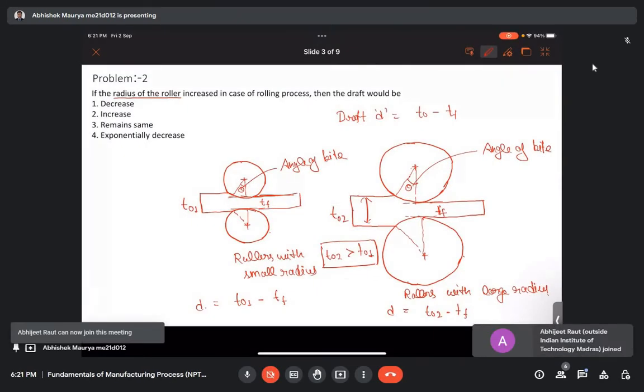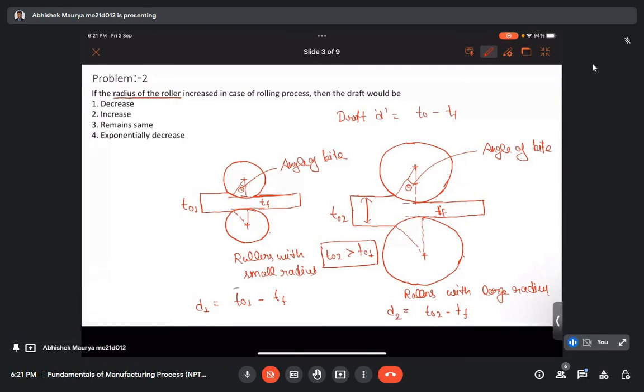So let's call it D1 and let's call it D2. Since T01 is smaller than T02 and TF is the same for both cases, therefore this condition implies that D2 is greater than D1.